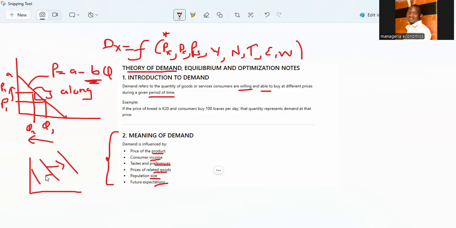If there's a reduction in income, it will shift in. So this is what we call a shift. So demand can only be shifted by any other factor other than price. Price causes a movement along. The rest of the factors will cause a shift. So far, are we together?